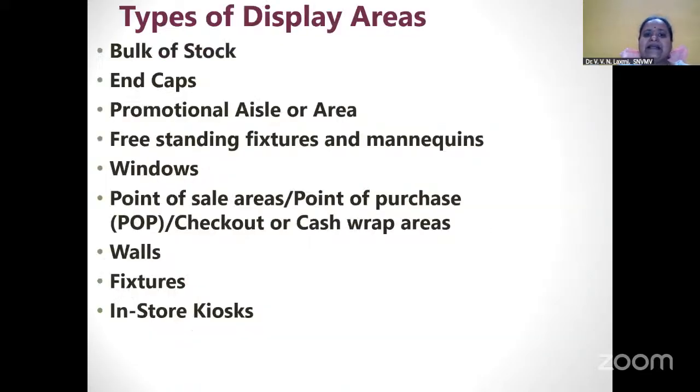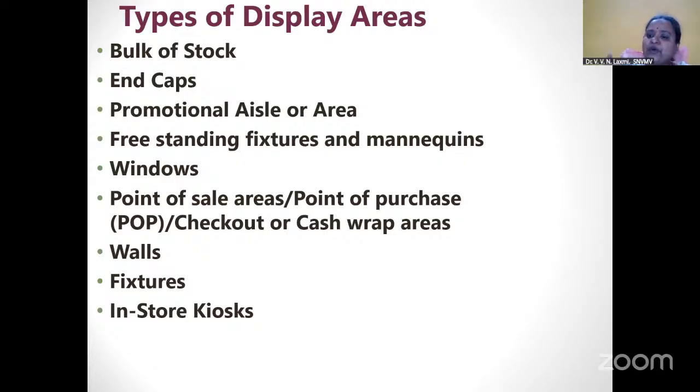Now, there are various types of display elements that can be used. Various display areas or display components can be looked at, or how bulk stock is displayed. There could be end caps. You can use windows.